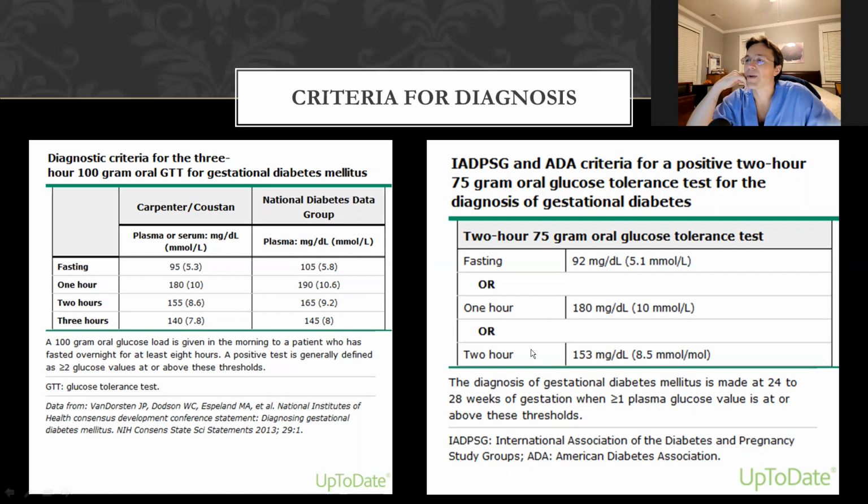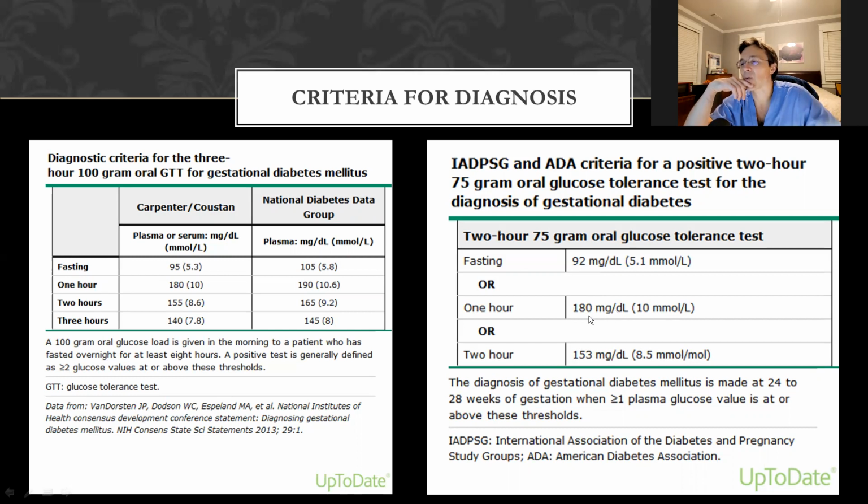Straightforward. With the 2-hour 75-gram oral glucose tolerance test, you give 75 grams and you're checking sugar levels. All right, fasting again. It's interesting that they have a different criteria here, 95, 92, not far away.